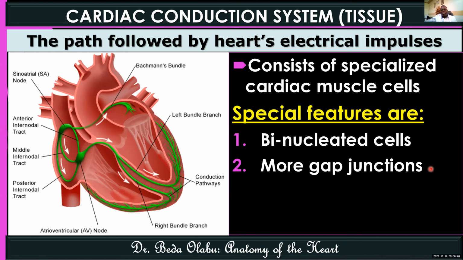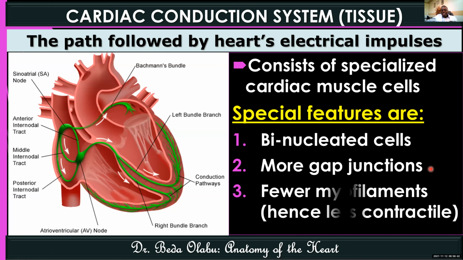They're supposed to be conducting impulses. Last but not least, these cells have fewer actin and myosin fibers compared to the rest of the cardiac muscle. The implication is that these muscles, therefore, will contract less compared to the rest of the cardiac musculature. Those are their special features.